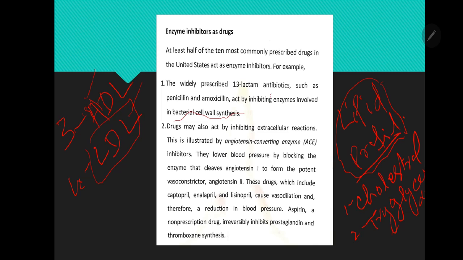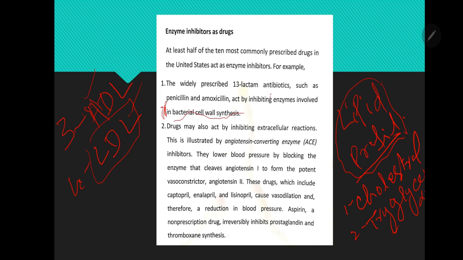At one time penicillin was a life-saving drug when it was first discovered. What they do is inhibit the enzyme involved in bacterial cell wall synthesis. They don't allow the bacterial cell wall to form. When the wall is not formed, the further process will not proceed.